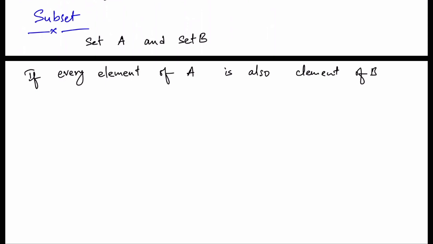If every element of A belongs to the set B, that means whatever element is in A is already in B.